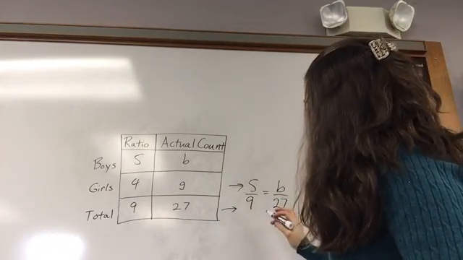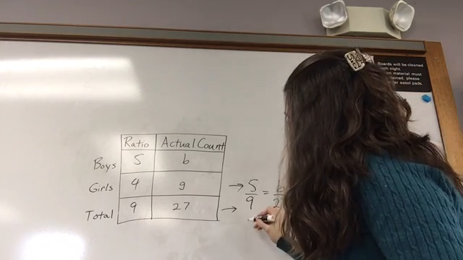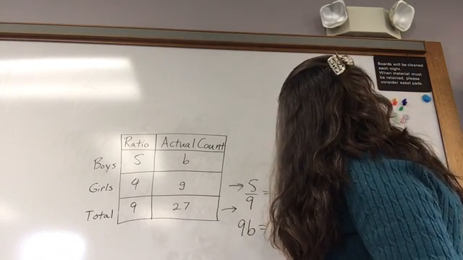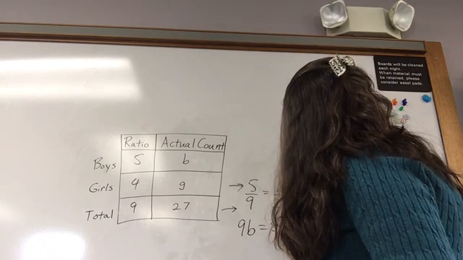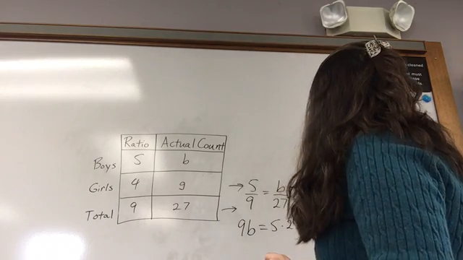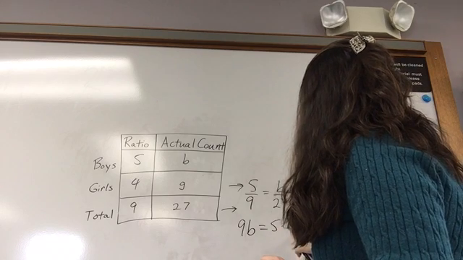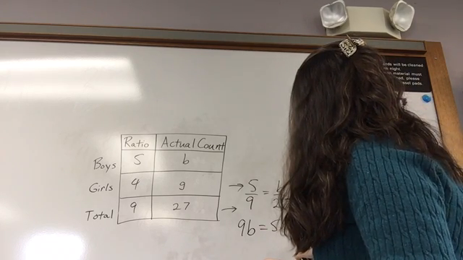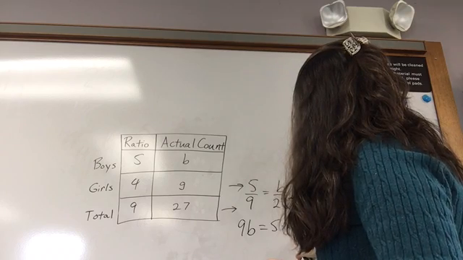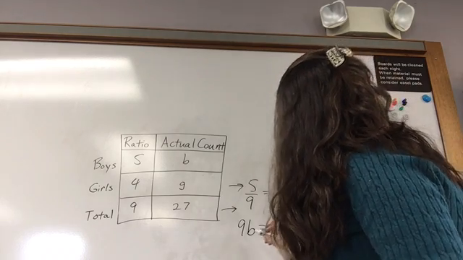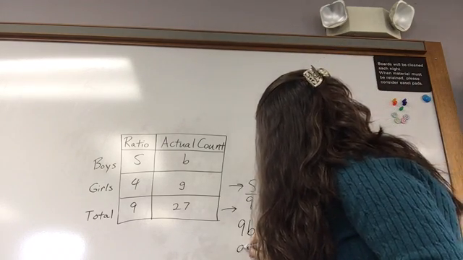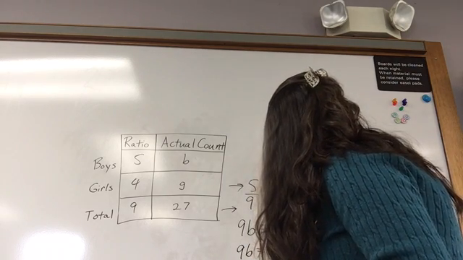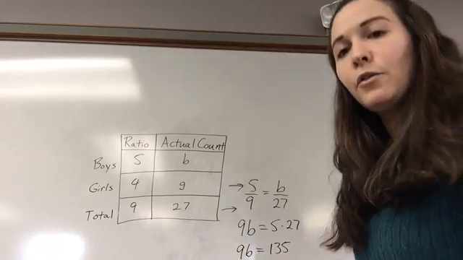Cross multiply to solve it. 9 times B is 9B. 9B equals 5 times 27. 5 times 27 is 135. So 9B equals 135.